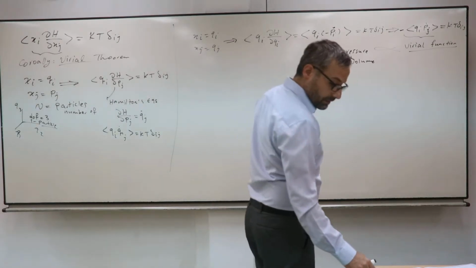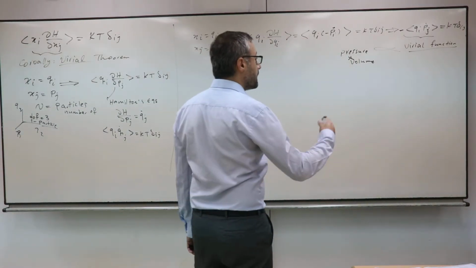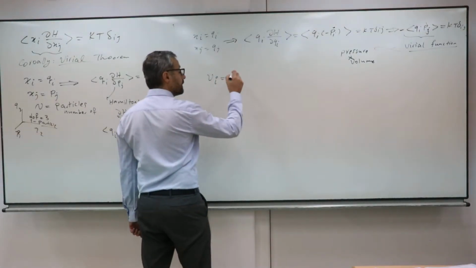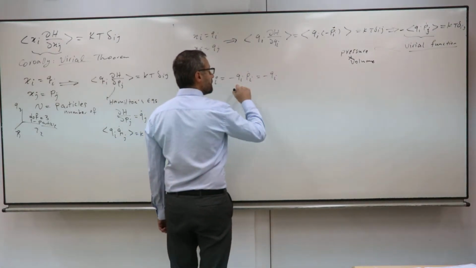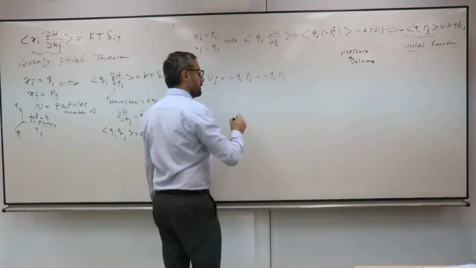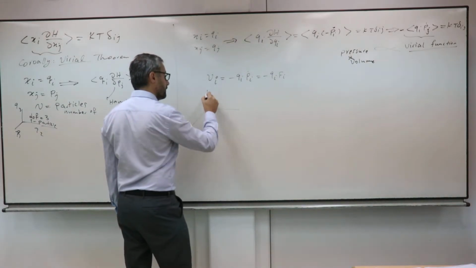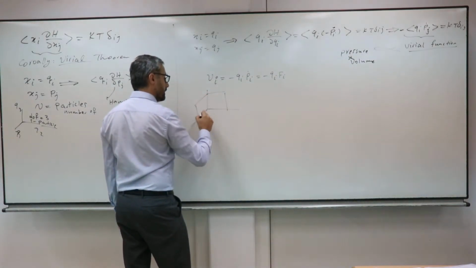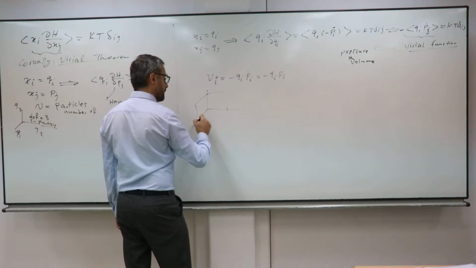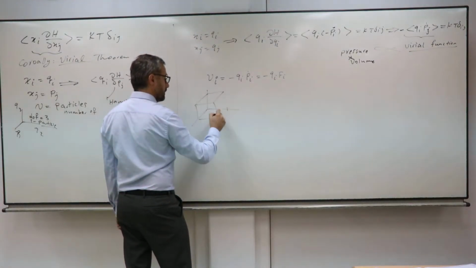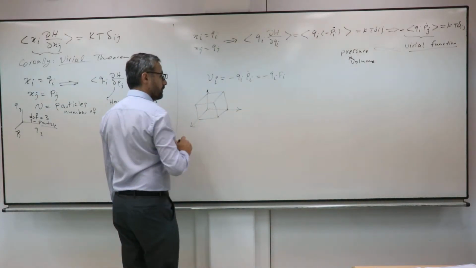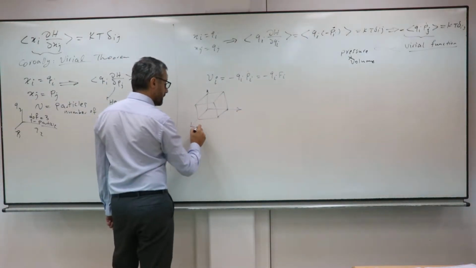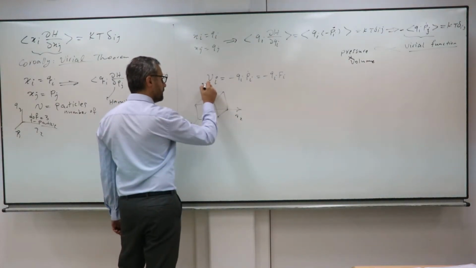Okay, so if you have a set of particles, this is the virial for one particle. The virial for one particle is qi p dot i. What is p dot i? This is the force on the one particle actually. If you consider the cube here, this is the cube, with directions q1, q2, q3.